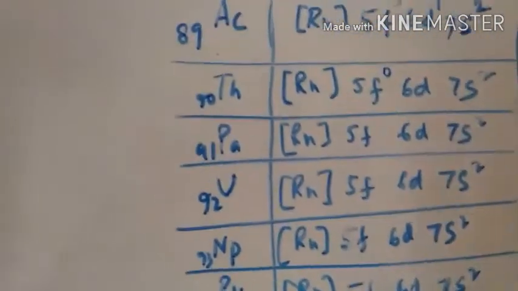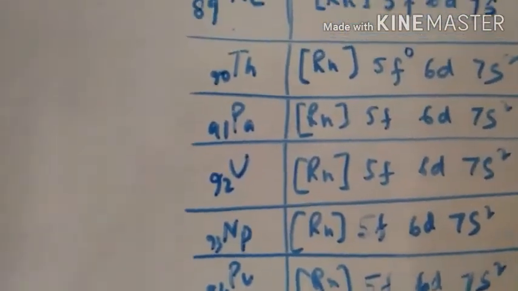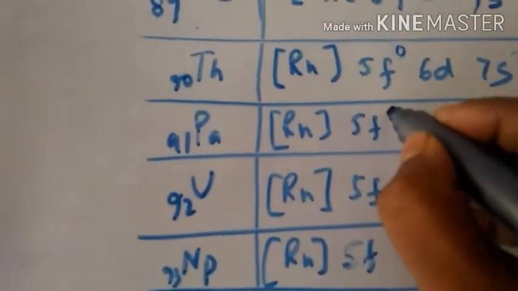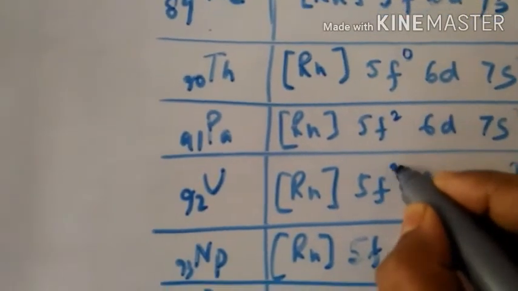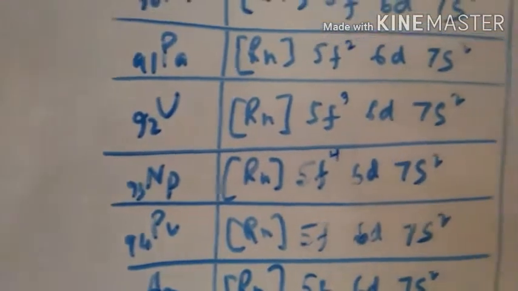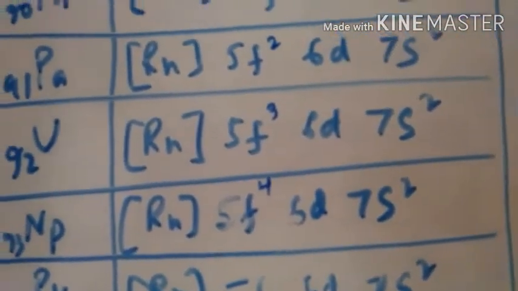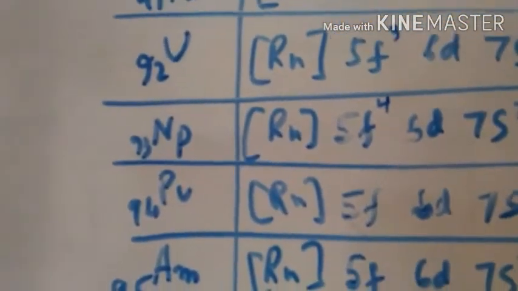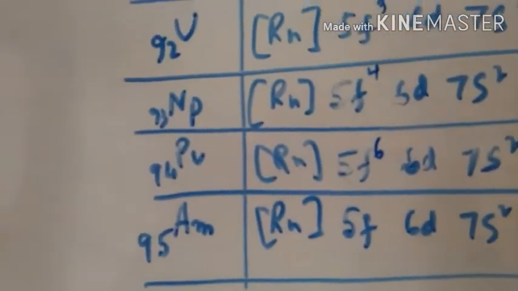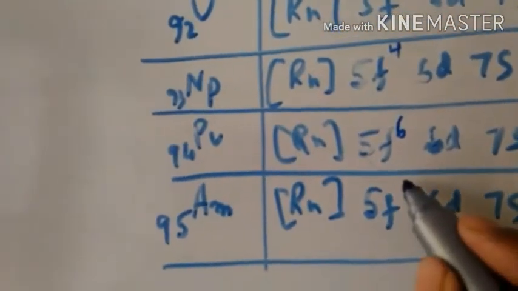Now the next is protoactinium. For protoactinium it should be 2, and then 3 and 4. So there are 2 electrons in f, then 3 and then 4, and 5 is not going to come. For neptunium you can see its f is 4. Now 5 is not going to come, so for plutonium there will be 6 electrons, and then for americium there will be 7 electrons.